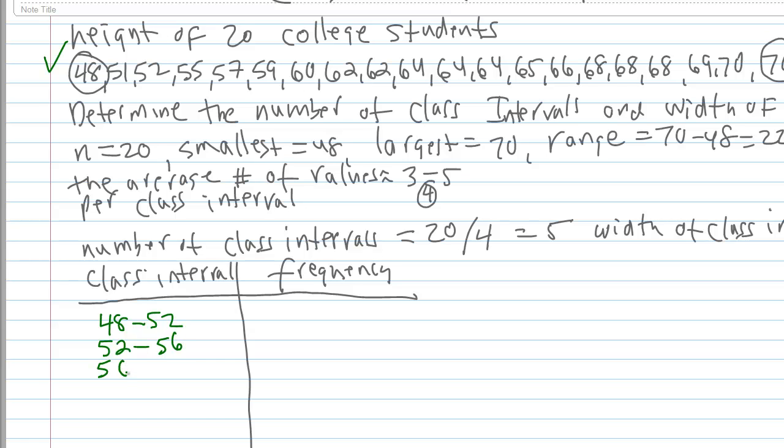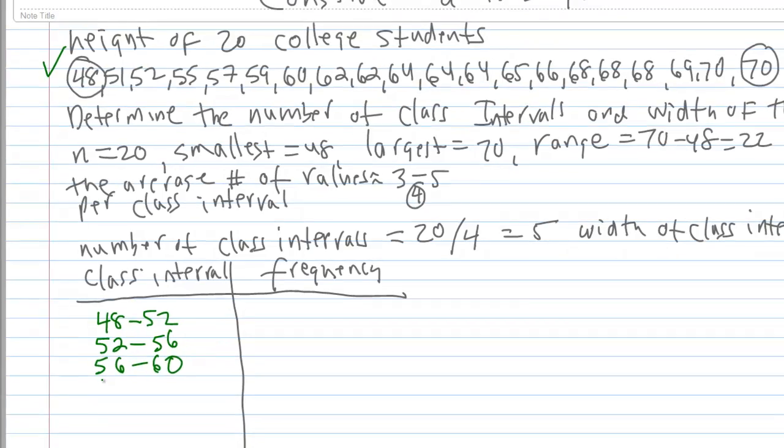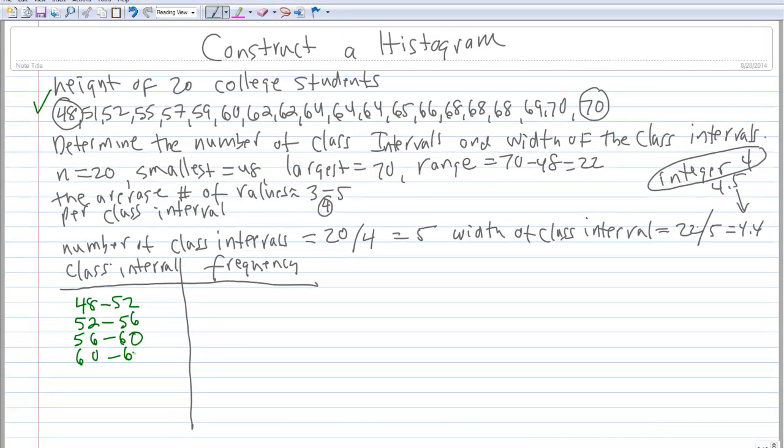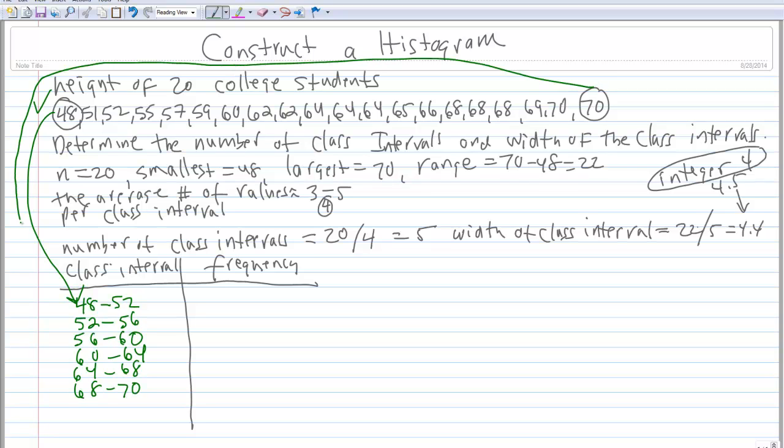We just continue this until the last interval contains our largest value. So our smallest value is in the first class interval right here, and our largest value is going to be in the last class interval.